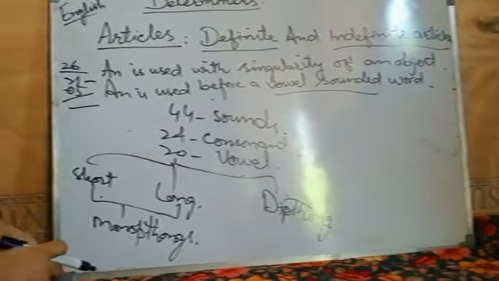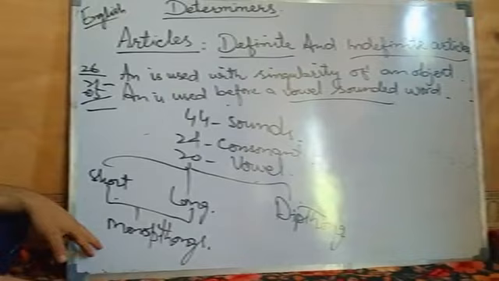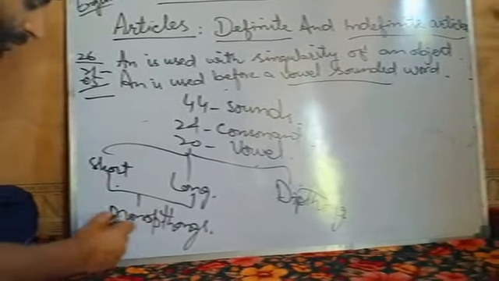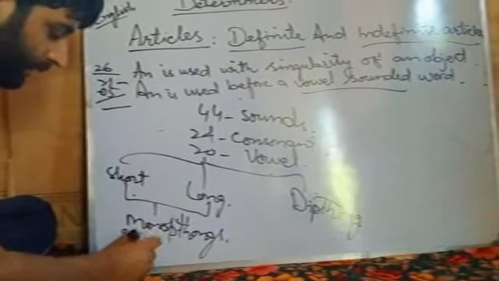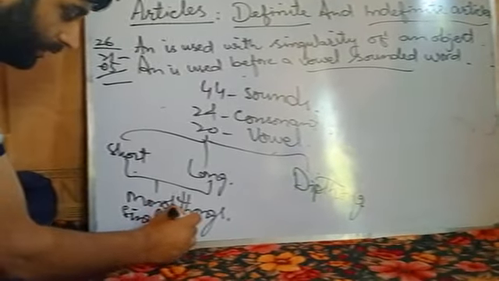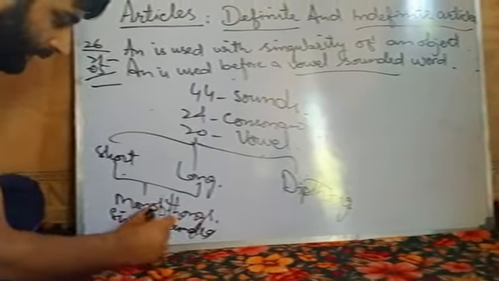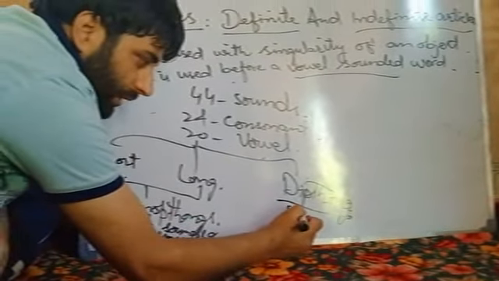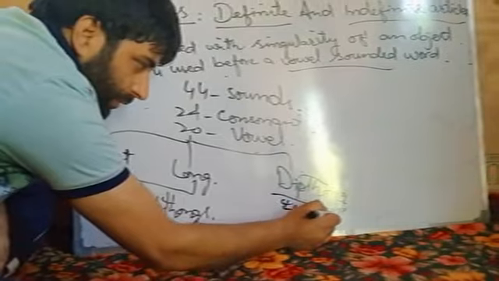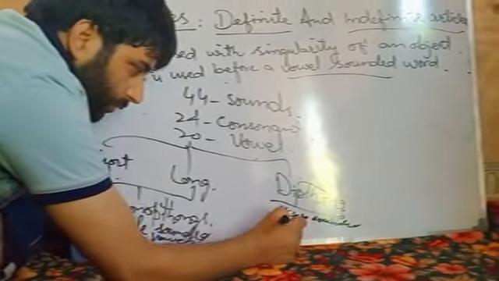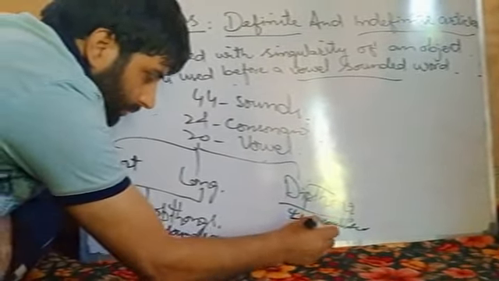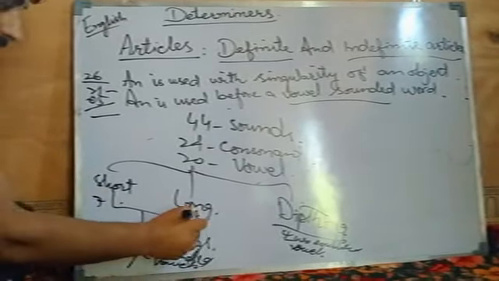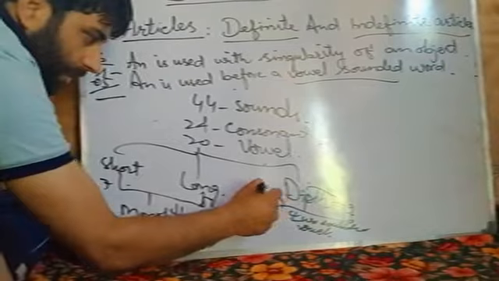In science, we have learned what mono means. Mono means single. Thong means sound. It shows single sounded vowels. And di means two, so diphthongs are two sounded vowels. Short vowels are 7, long vowels are 5, and diphthongs are 8.